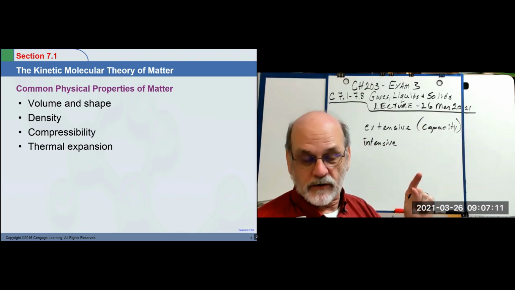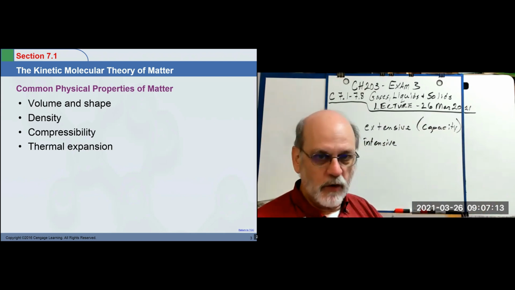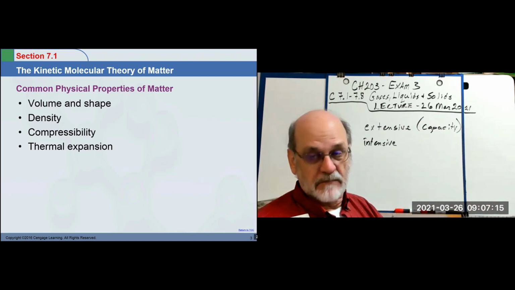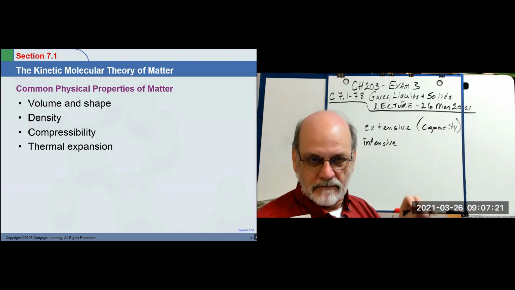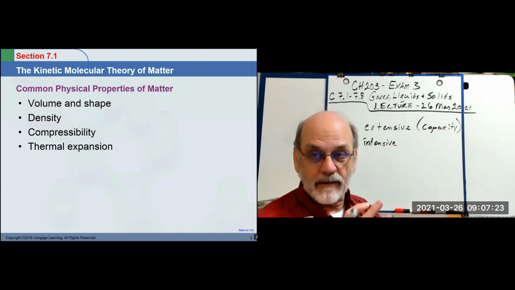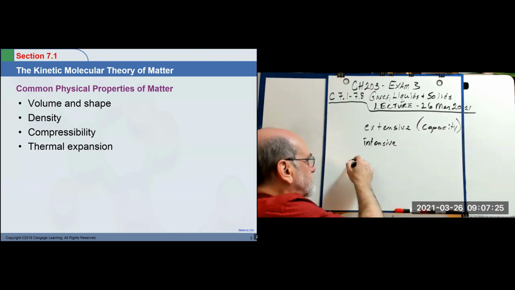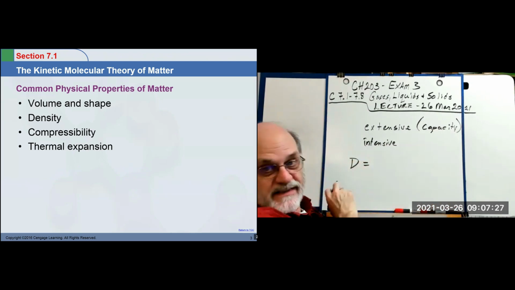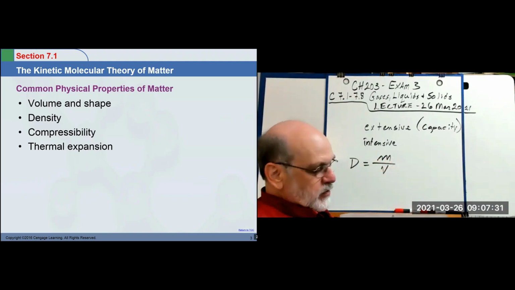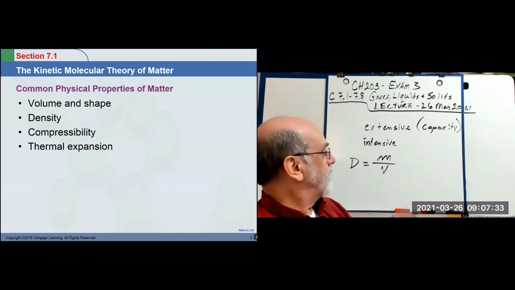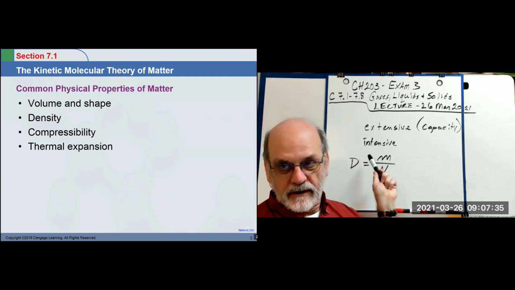Volume would be one of those. If you have more of it, it takes up more room. If you have more of it, it weighs more, it has greater mass. But if we take both of those physical properties and combine them in a ratio, call it density, then we have mass per unit volume. And now we have an intensive property.